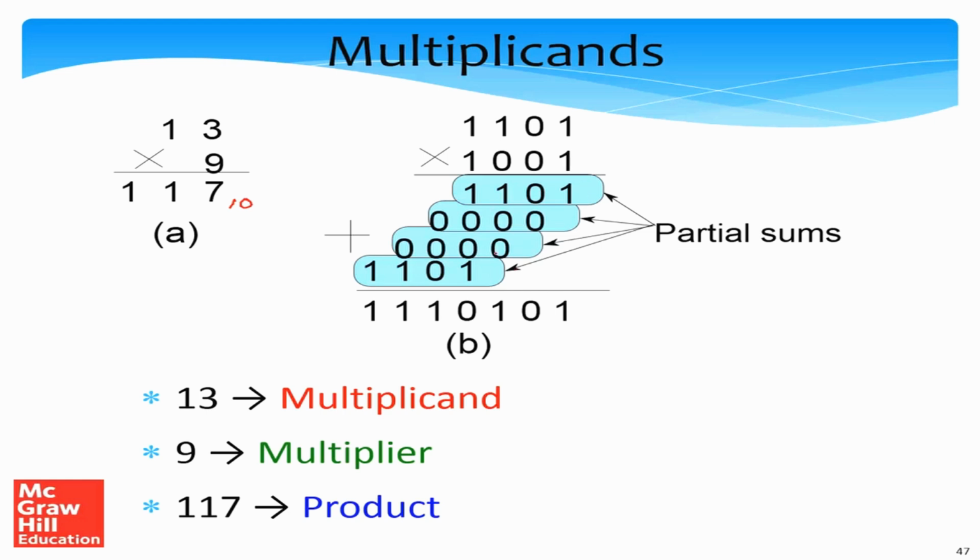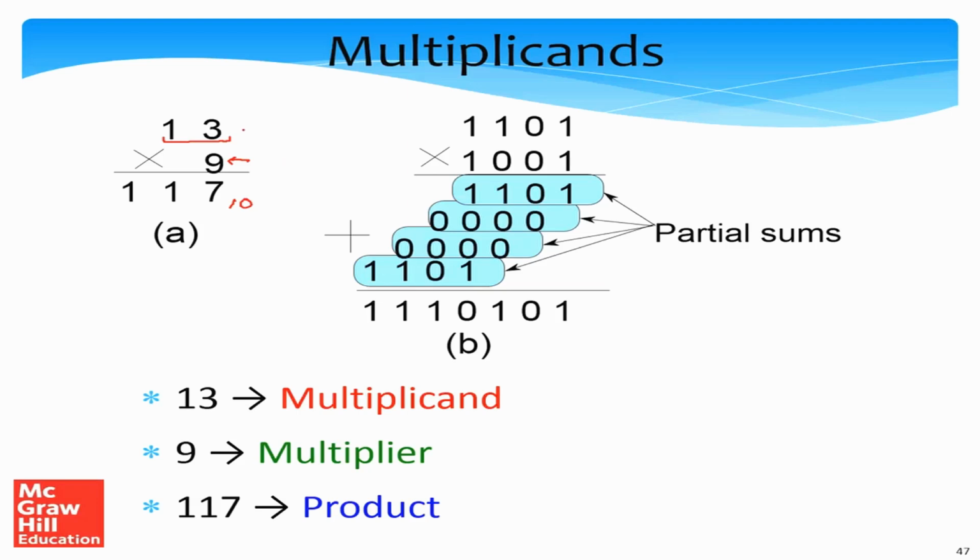So before looking at the multiplication, let's define some terminology. The number that we write on top, it's a matter of tradition, is called the multiplicand, and the number that we are writing at the bottom, which in this case is 9, is called the multiplier. Of course the multiplicand and multiplier are symmetric terms, but one of the numbers has to be written at the top, let's just call it the multiplicand, and the one that's written at the bottom the multiplier.